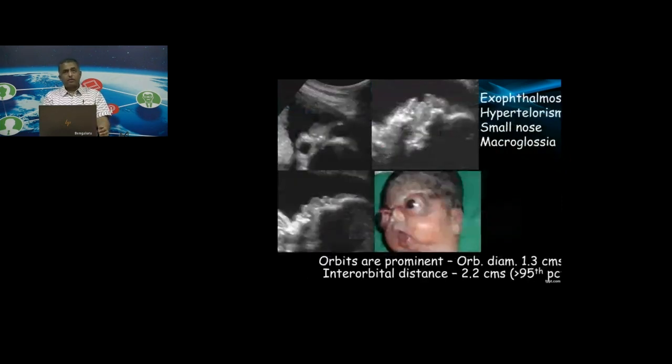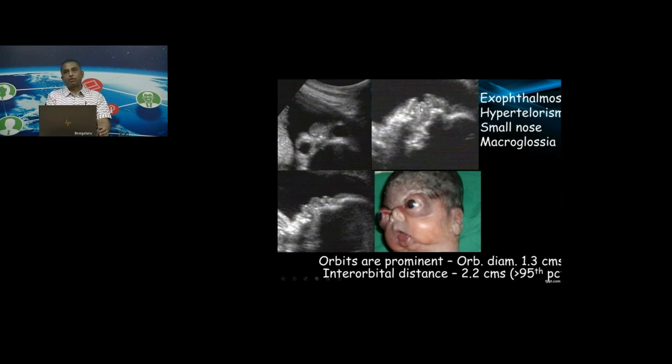Now, when I look into the face of this case, the orbits are prominent. So that's proptosis. They are set apart from each other, which means they are more distant from each other, which means that there is hypertelorism. When I look into the mouth on the mid-sagittal section, that's the upper lip, that's the lower lip, and you know that the tongue is sticking out and it's persistently there.